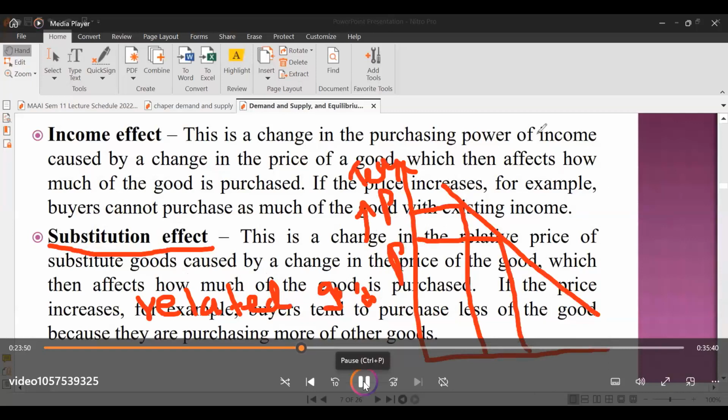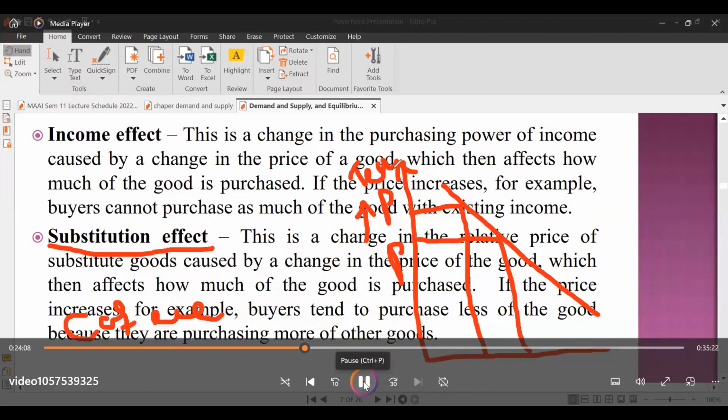You know that for tea, we can identify coffee as the substitute, right? Coffee.